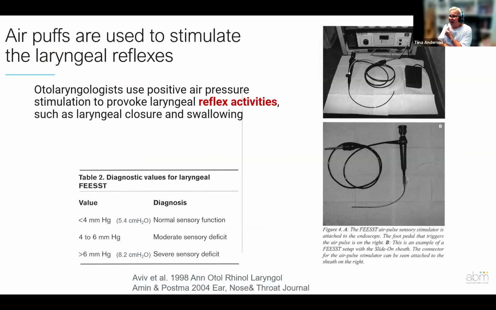And in my supervisor group, I also have otolaryngologists. And when I tell them, okay, we see that the larynx is closing during the positive pressure, how is this possible? They say, but Tiina, we use positive pressure to just give small puffs of positive pressure to the larynx to see and test if their reflexes are working well.